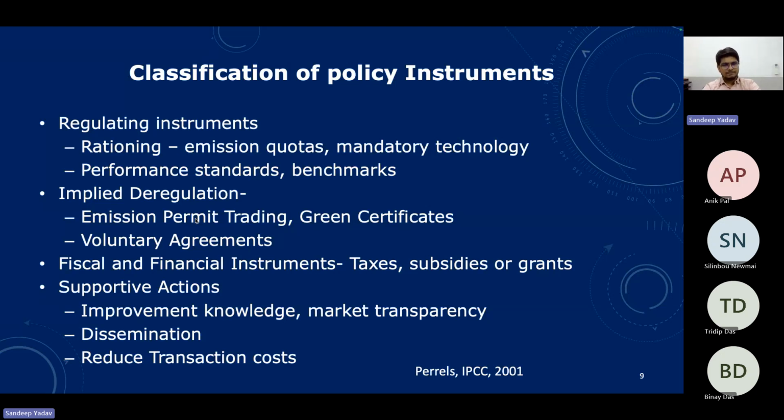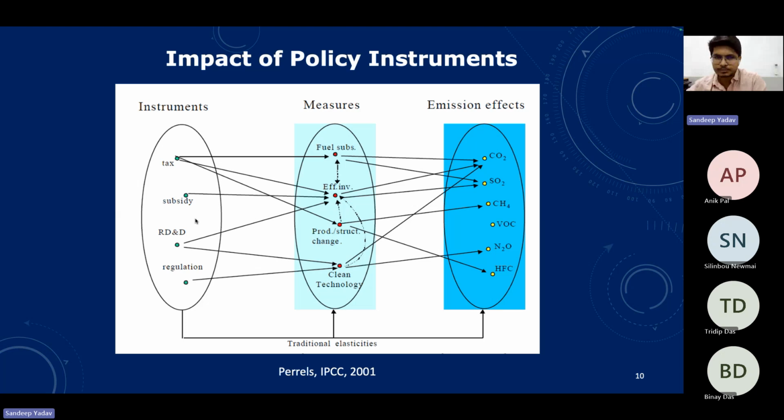Then fiscal and financial instruments like taxes and subsidies to the new policies, and the fourth one is the supportive action that can help us in the implementation phase. That is an improvement of the knowledge dissemination and reducing the transaction cost.